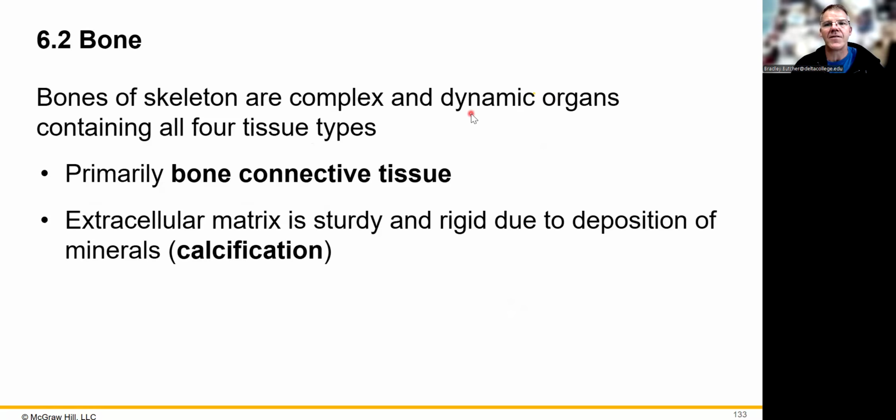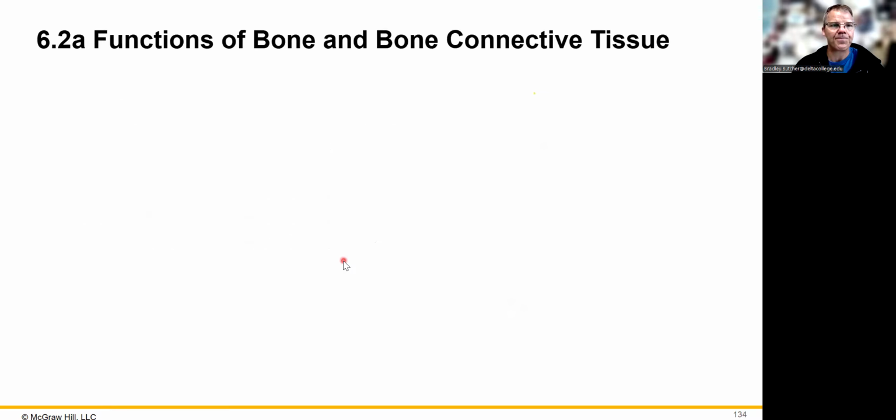But bone is constantly building, degrading, repairing, and changing throughout our lives. It is composed primarily of bone connective tissue. The extracellular matrix around bone is mostly due to calcification, and that's why having lots of calcium in our diet is really essential.